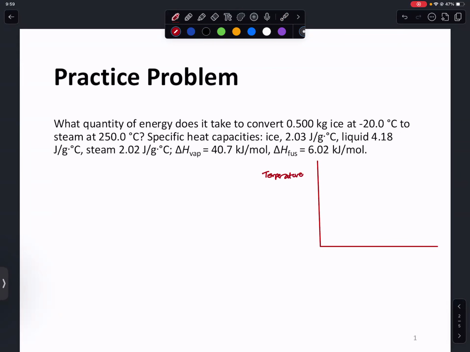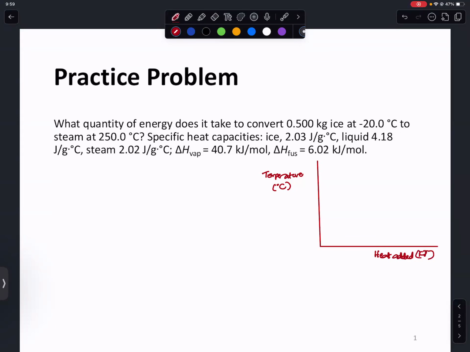So I have here on the y-axis the temperature in degrees Celsius, and I have here the heat added in kilojoules.